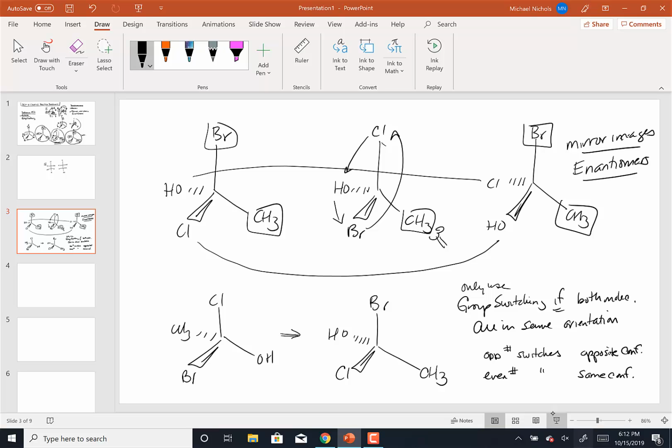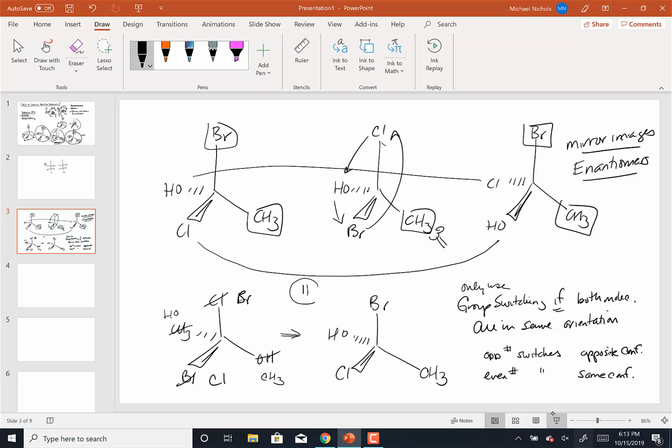So if I'm looking at this, the first thing I'm going to do is switch the Cl and the Br. If I switch the Cl and the Br, that's one switch, which then lines up the Br and the Cl. Are the CH3 and the OH lined up? No. So now I'm going to switch the OH and the CH3 for my second switch, and now the left is the same as the right.